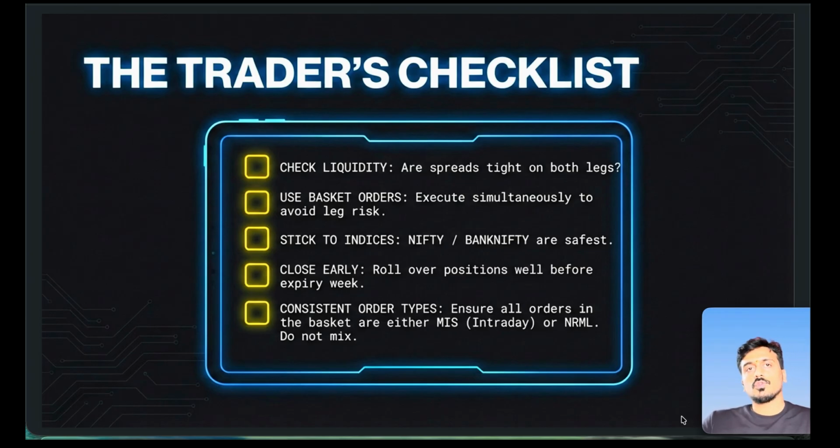By any chance, if you do two legs with intraday type MIS and another one leg as NRML, holding it for a longer time, the MIS orders get squared off at the end of the day, and whatever leg is open, you will have a position that is not intended, which could lead to some potential risk. So make sure that you don't make this mistake.